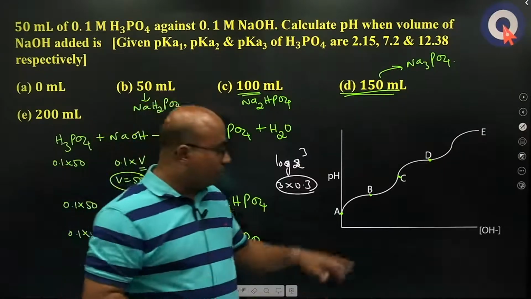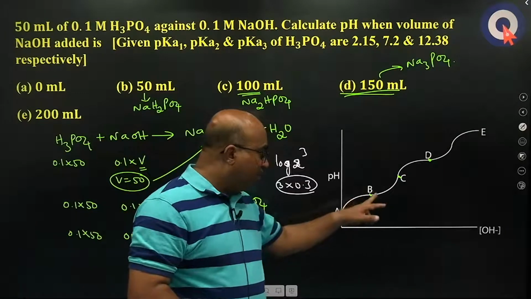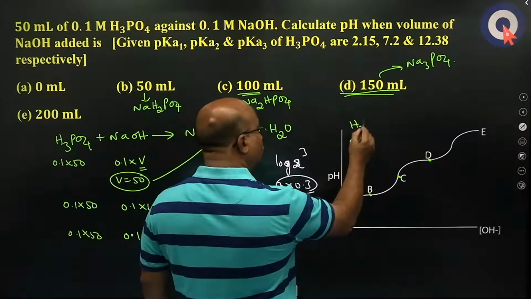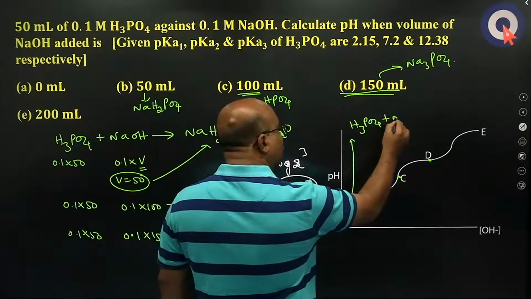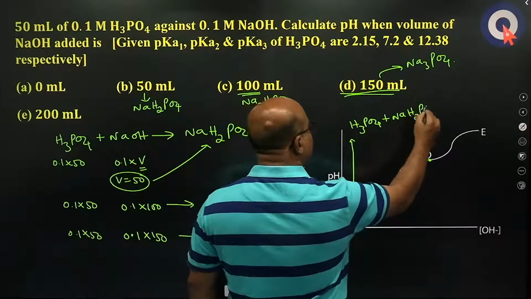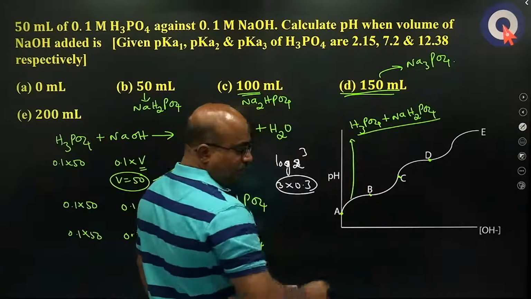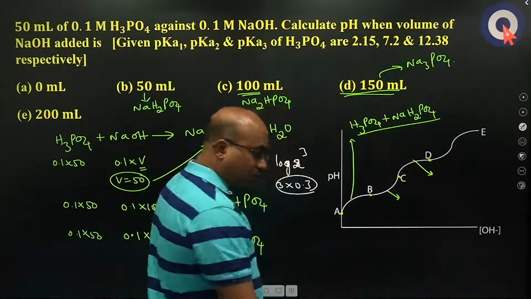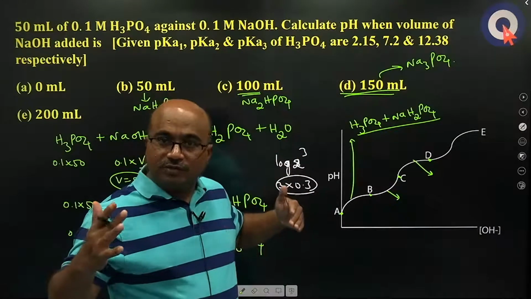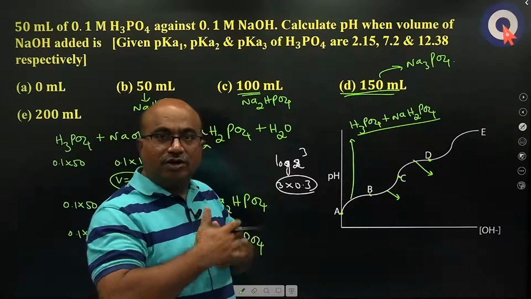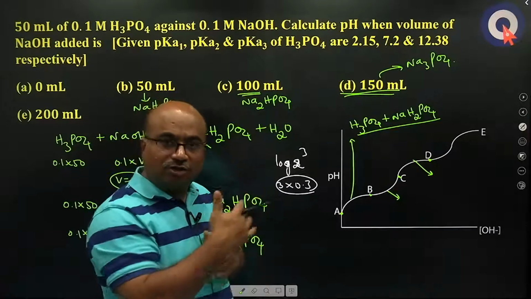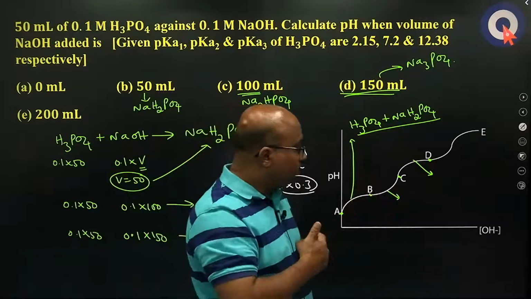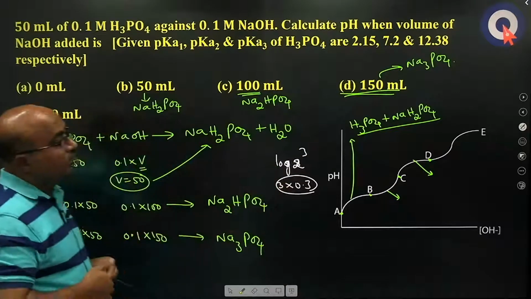But in between, suppose they are asking in between A and B what exists. In between this you have H3PO4 because it was not neutralized completely, and you got NaH2PO4, means it is forming a buffer. At this range there is a buffer. In this range there is a buffer. So there are three different buffers existing. Between initial to the first equivalence point, first equivalence to the second equivalence point, second equivalence to the third equivalence point, you will see different buffer situations.